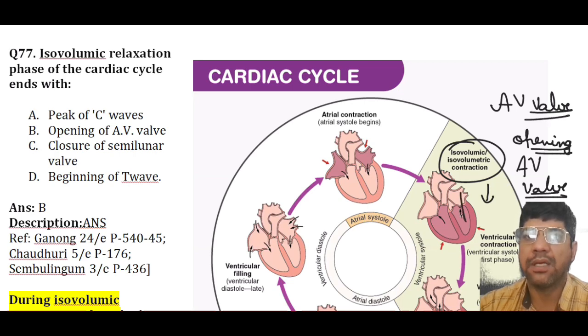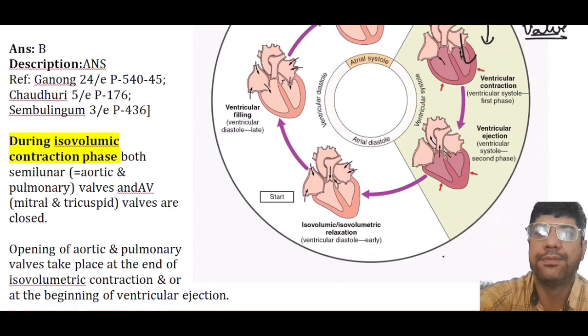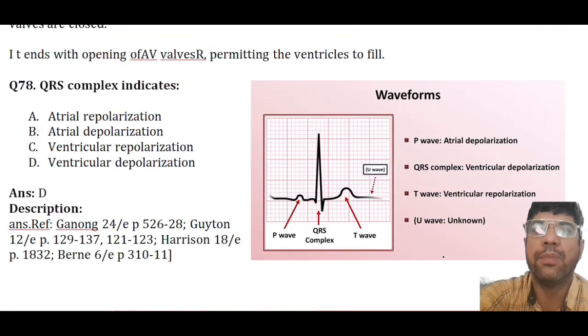This marks the transition from the isovolumic relaxation to the ventricular filling phase, during which the ventricles are filled with blood from the atria. The QRS complex, already discussed, would indicate ventricular depolarization.